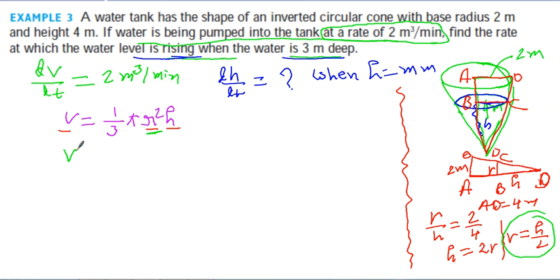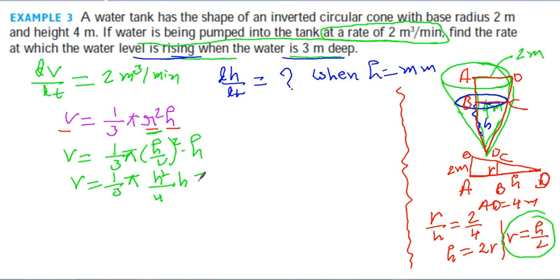So the volume is equal to 1/3 π (H/2) whole square into H, and simplifying, it will become 1/3 π H² upon 4 into H, which will be 1/3 π H³ upon 4.